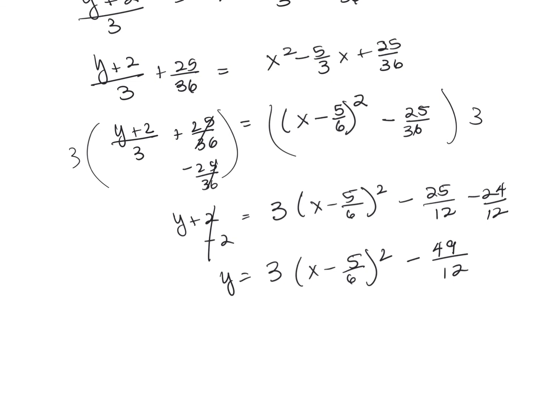But there's actually an even easier way to complete the square. Ready for this? We know from lots of different things that the x part of the vertex is minus b over 2a.